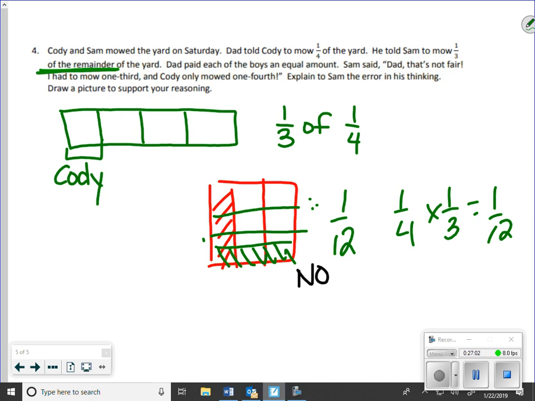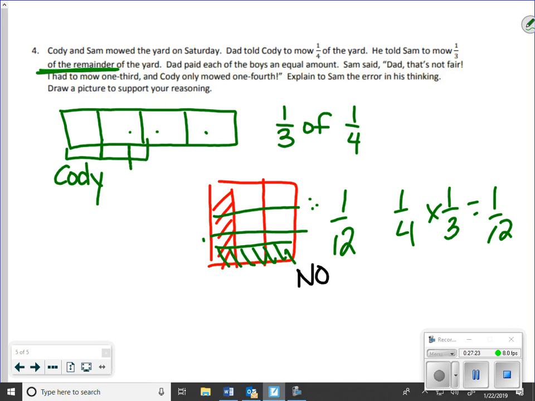He told Sam to mow 1/3 of the remainder of the yard. So 1/3. How many pieces are left? 3. So Sam did 1 of the 3 remaining pieces.